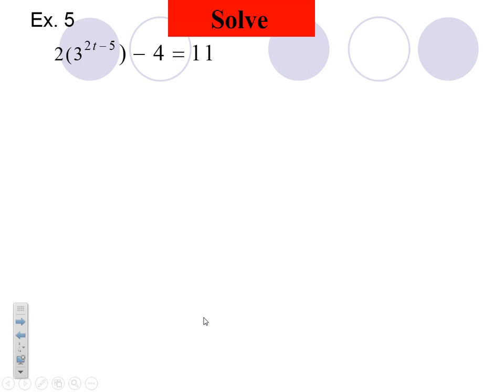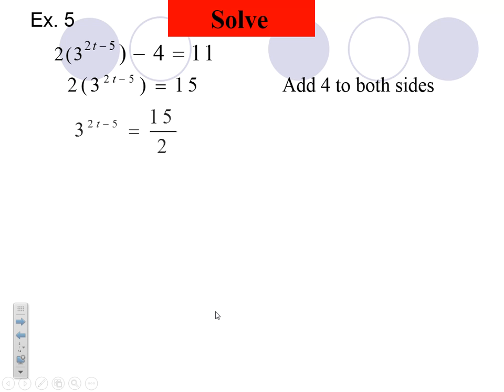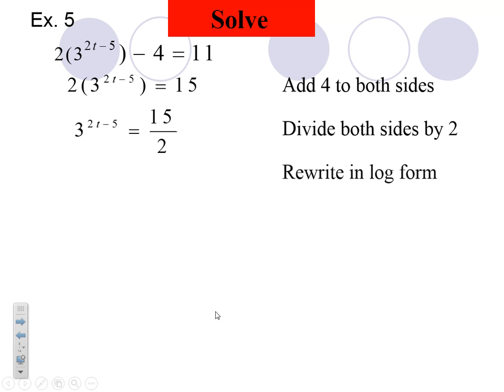In our next example, we have an exponential equation. Our power is 3 to the 2t minus 5. And again, we want to isolate that power by adding 4 to both sides first. Then we're going to divide by 2 on both sides, which leaves us this. Next, we're going to rewrite this equation in log form, and we will have this.